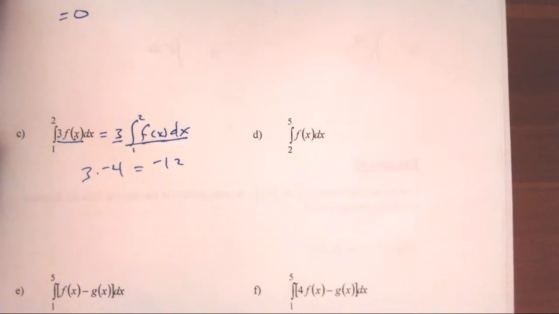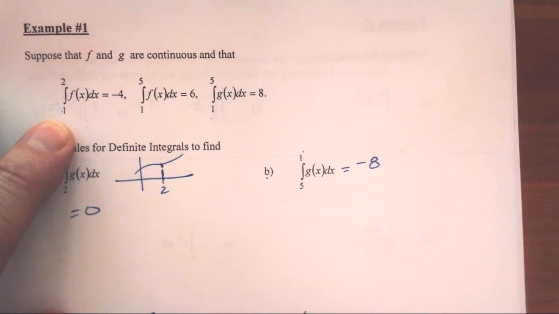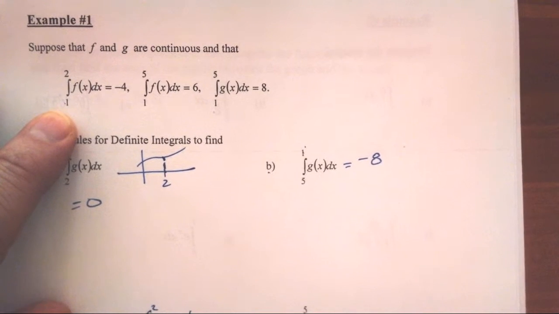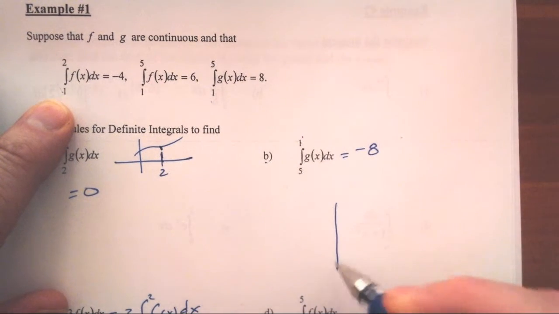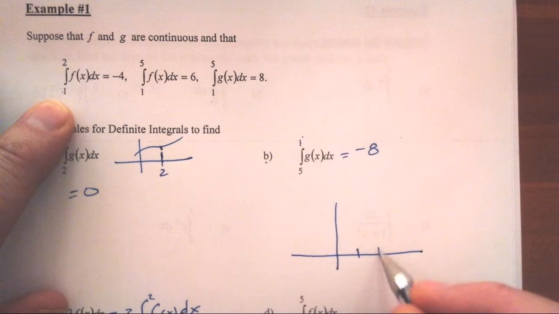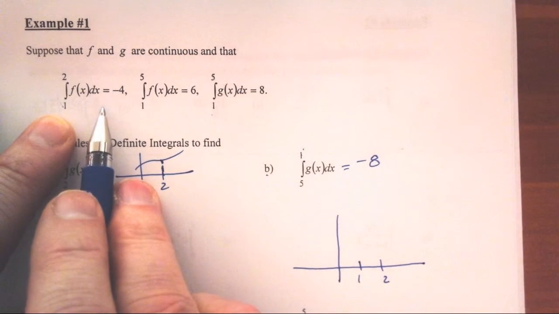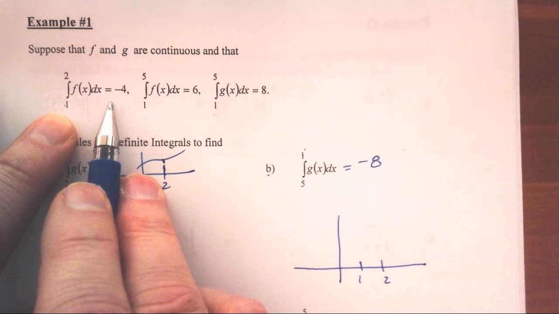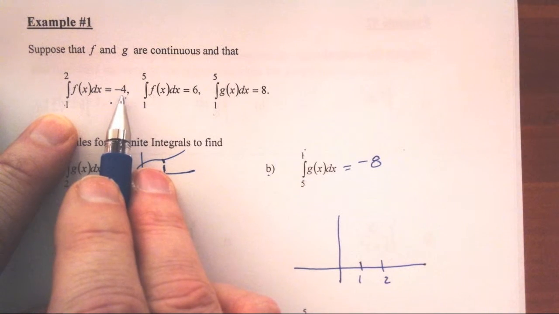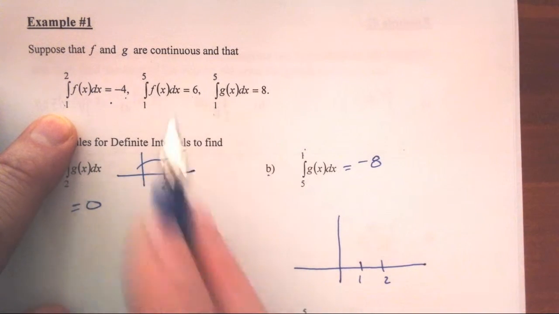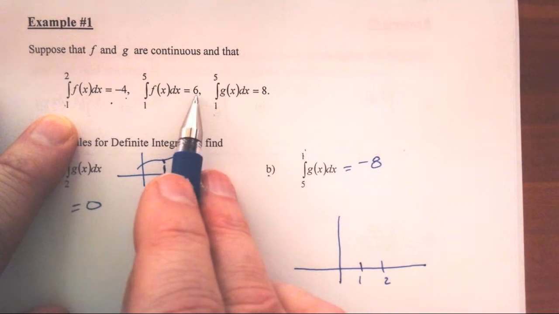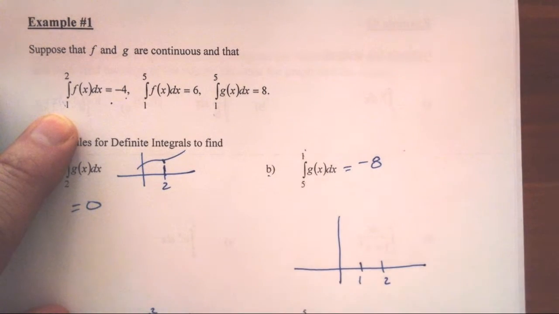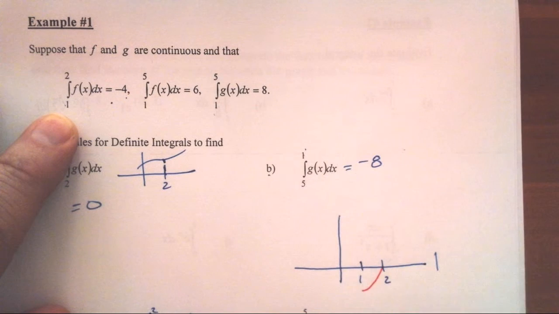D is the one that might cause the most problems. The integral of f of x from 2 to 5. Well, from 1 to 2, it's -4. So I'm going to try to draw a picture. What I know is from 1 to 2, all or most of the area is below the x-axis because it's negative. But from 1 to 5, which includes 1 to 2, most of it is above. So this is a possibility of what f looks like from 1 to 5. Maybe just all of it from 1 to 2 is negative.